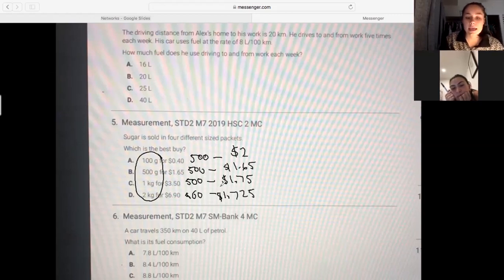So it's just getting them all to the same. If the money is all in dollars, then change all the weight or the measurement to the same. So I changed them all to 500 grams. But you could have changed them all to 1 kilogram and then changed the money. Okay. And then you just see which one's cheapest, which is B. Yeah. Wait, I'm just going to write that down quickly.